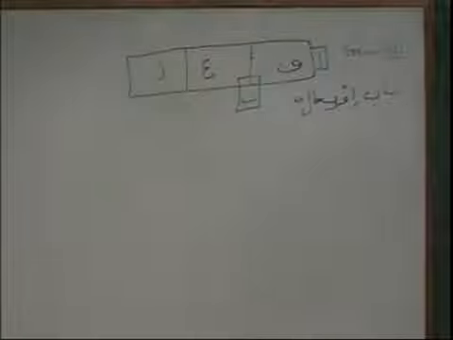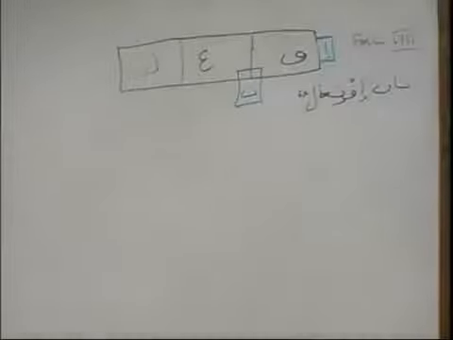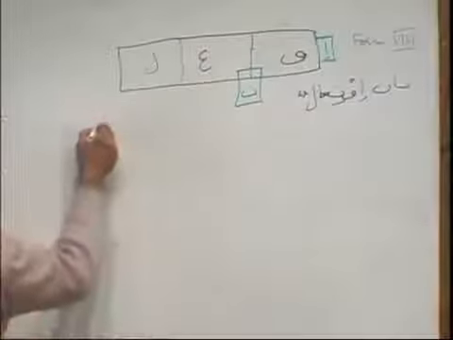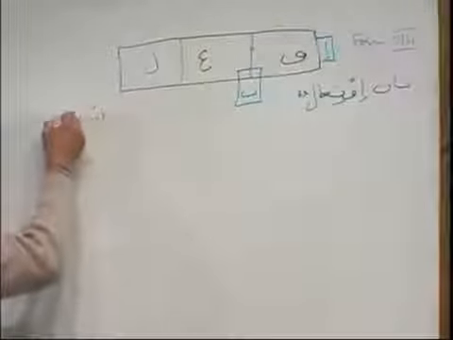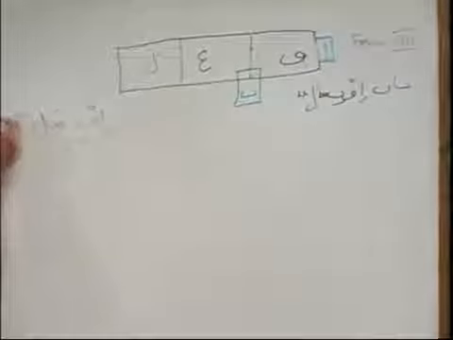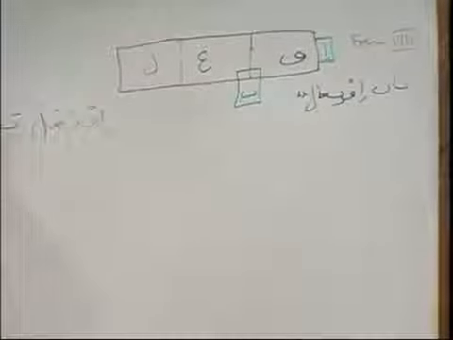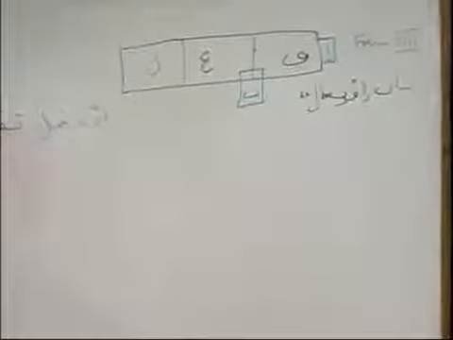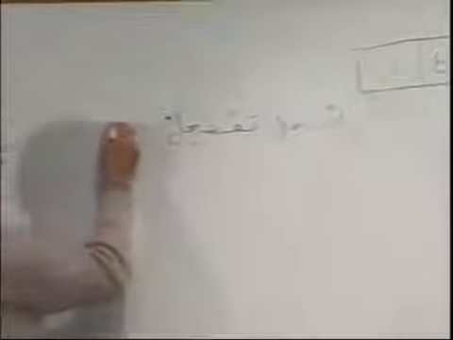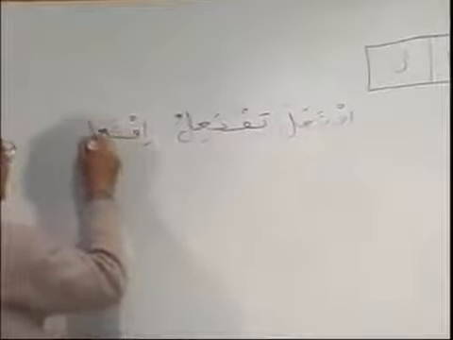So what is the first? And then the fa kalima. And after fa, ta. Again a small room. Then ain and then lam. Ifta'ala. What is the verb, brothers and sisters? Ifta'ala. Mudhariya: yafta'ilu. Amar: ifta'il.